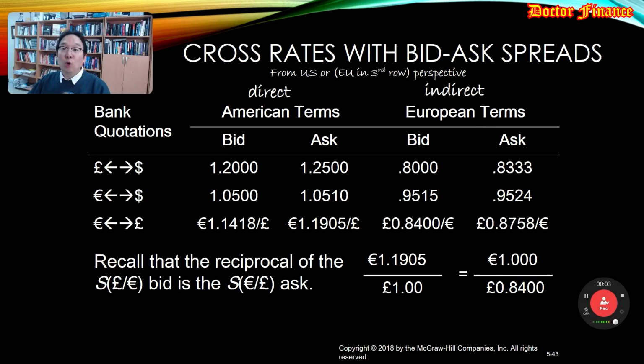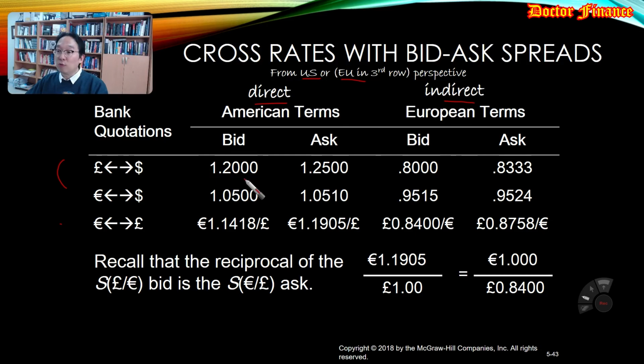Okay. So all in all, the cross rates with bid-ask spreads work like this, whether you take the direct perspective or the indirect perspective. In the first two rows, it's like a US perspective, direct and then indirect. And the third is the euro's perspective, direct versus indirect. Now if you look at this, bid and ask for dollars to pound over here, and then pound to dollars relations over here.